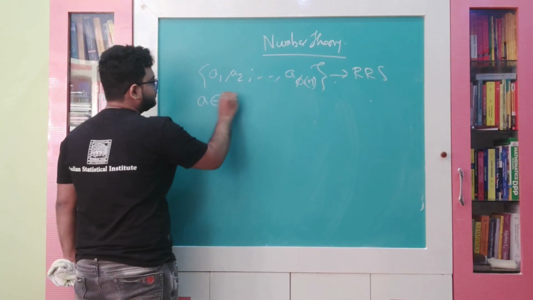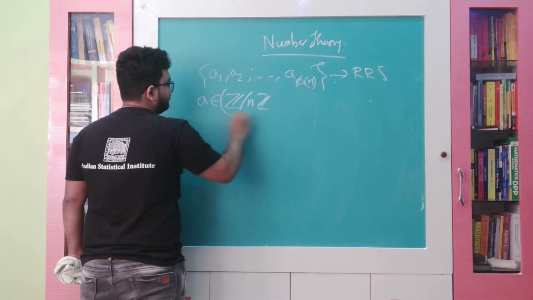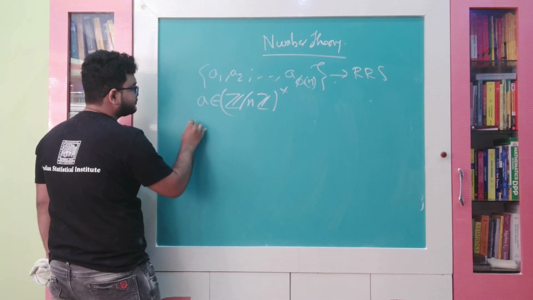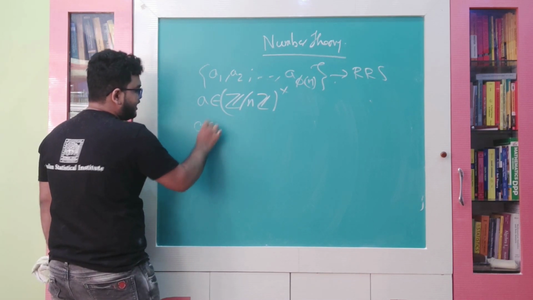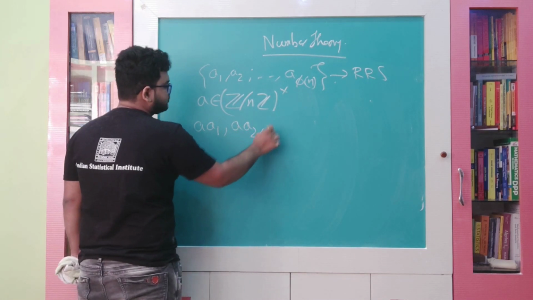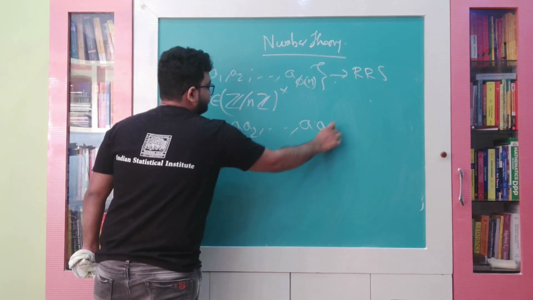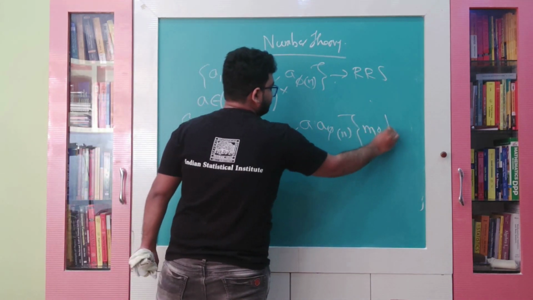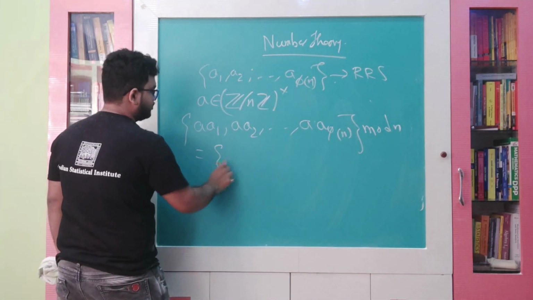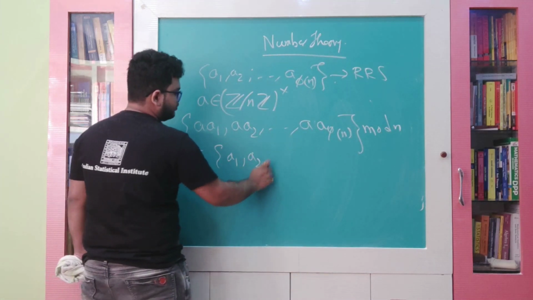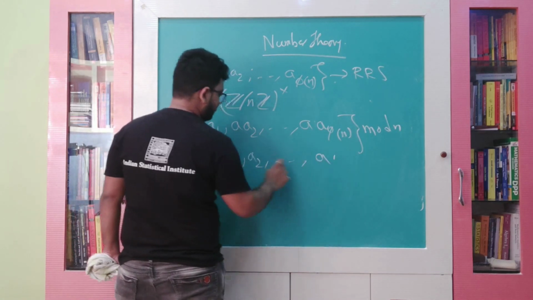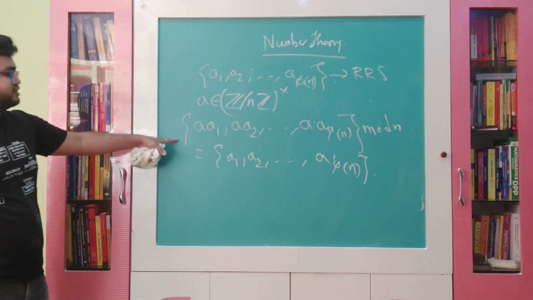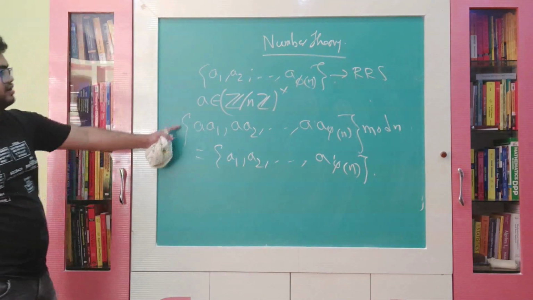Suppose A belongs to Z_n and is invertible, then A times A1, A times A2, up to A times A phi n, mod n, is equal to A1, A2, up to A phi n. This is also the reduced residue system modulo n.